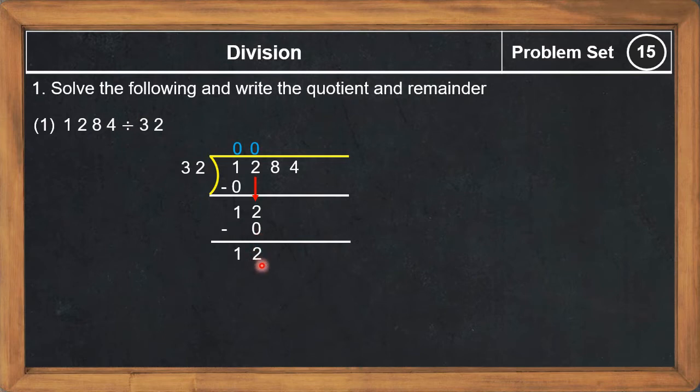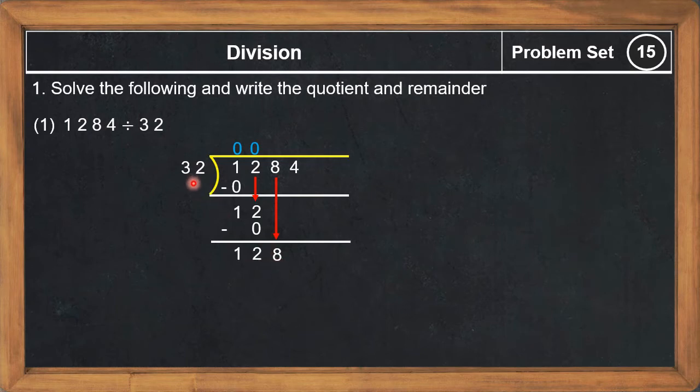Now, the next step is to bring down the next digit in the dividend, that is 8. So, we get 128. Now, as 128 is greater than the divisor 32, we can divide 128 by 32.